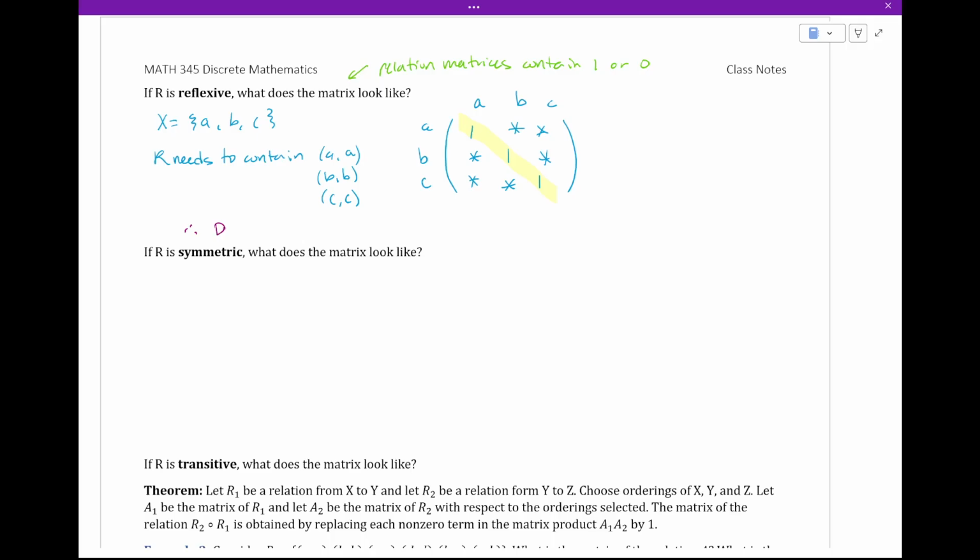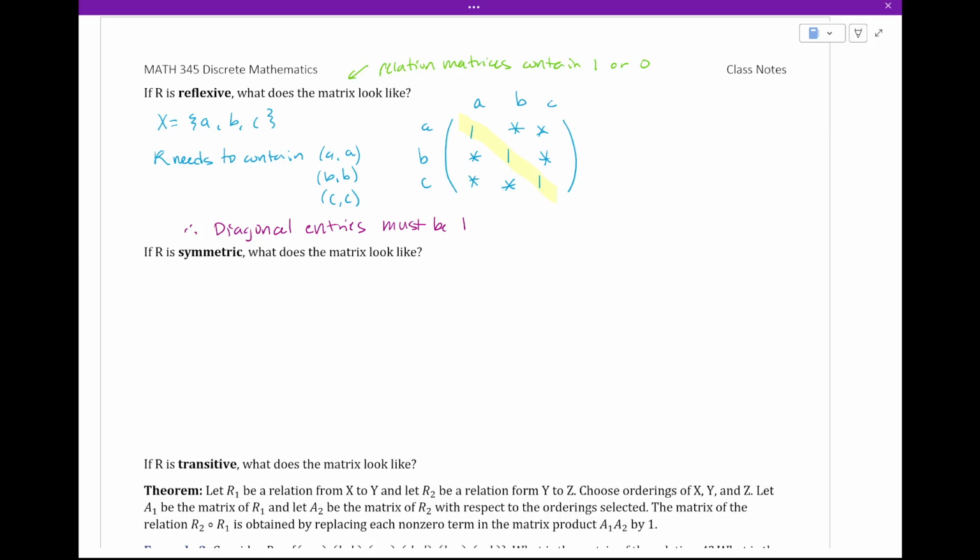Therefore, diagonal entries must be 1. We saw a version of this property with digraphs, where we had to have all the loops. Here's the matrix version: all of the entries along the diagonal must be a 1, and the other entries can be whatever.